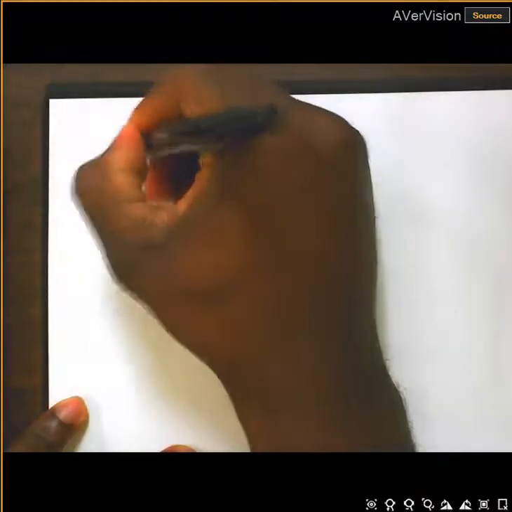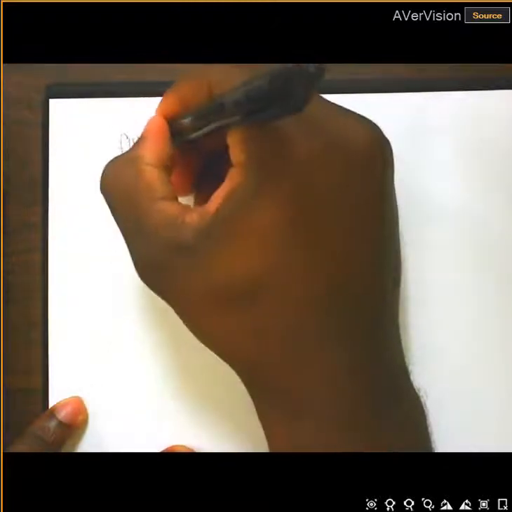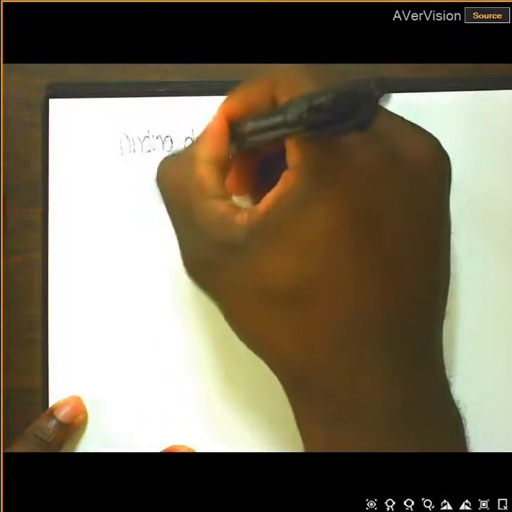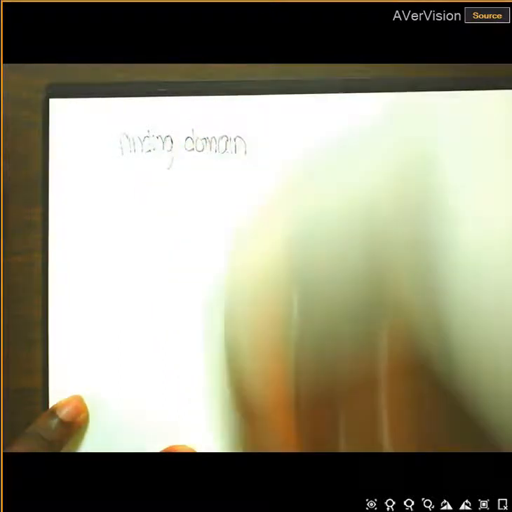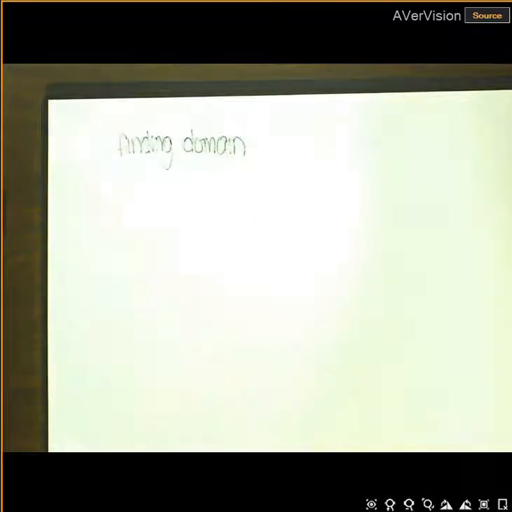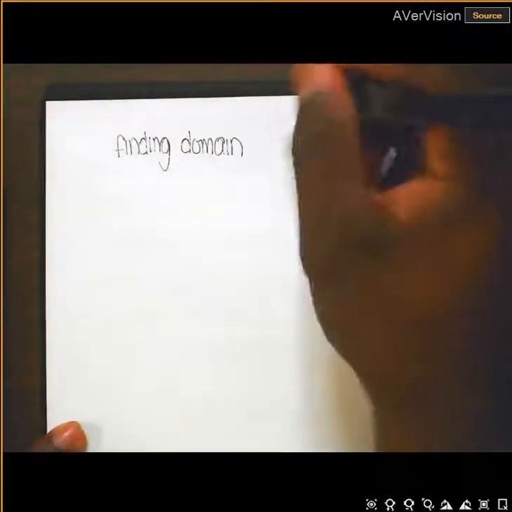Finding domain. We'll do one with rationals and one with radicals, and one with both.